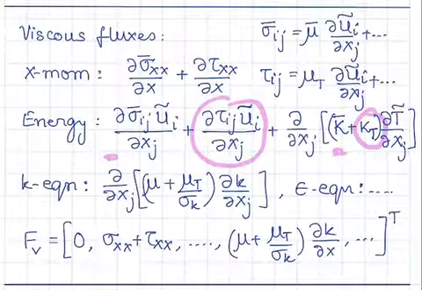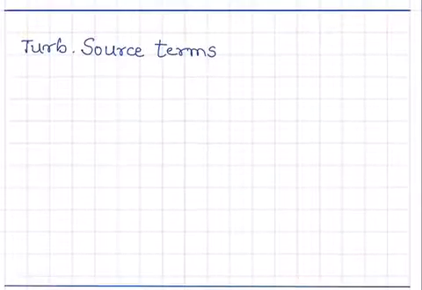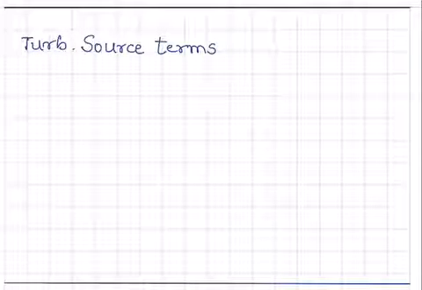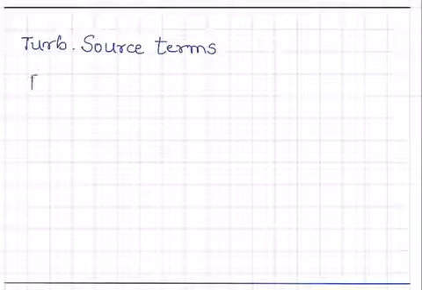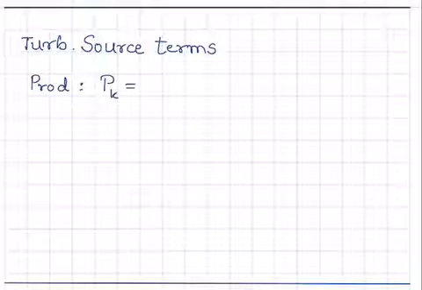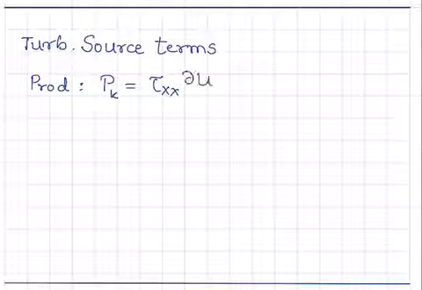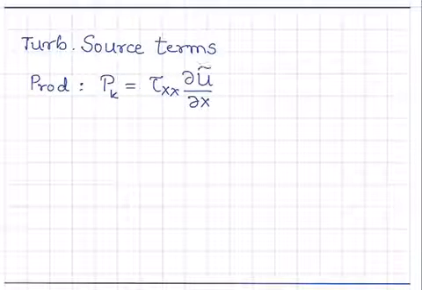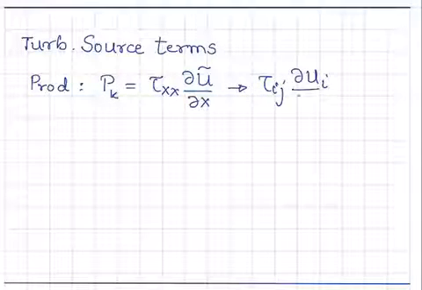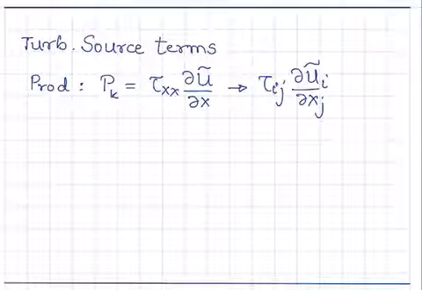Let's do the last part, which is the turbulent source terms and how to numerically handle them. One of the main terms in turbulent source is the production term in the K equation, which we denote by P_K, and in 1D it is tau xx times du/dx, u tilde, or the general form is tau_ij du_i/dx_j, the summation of 9 terms in 3D.